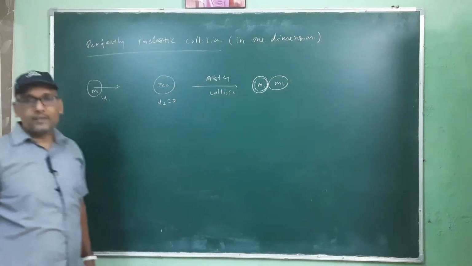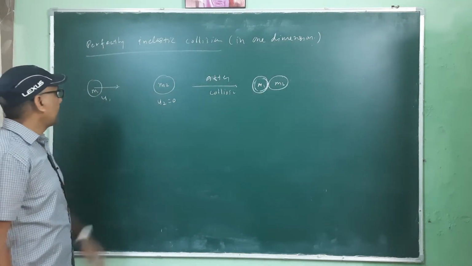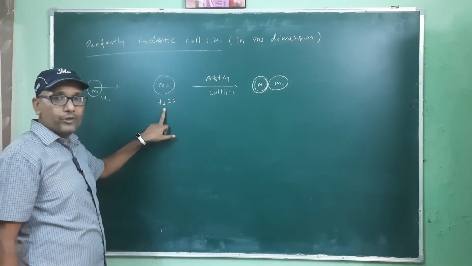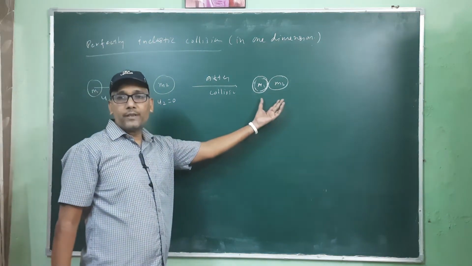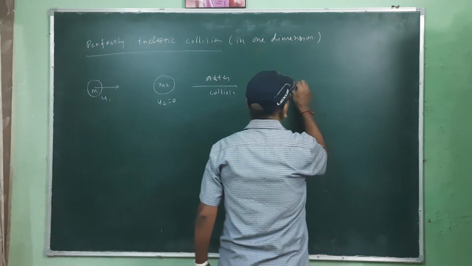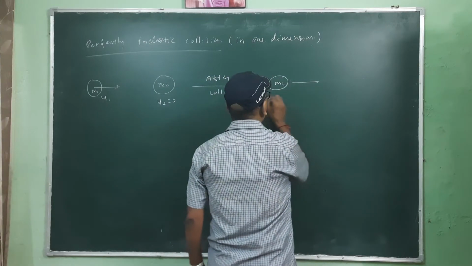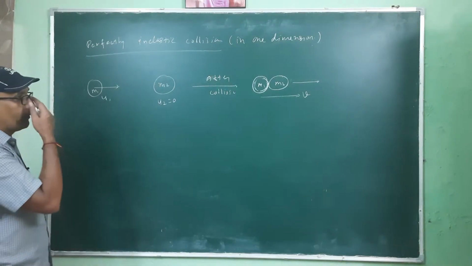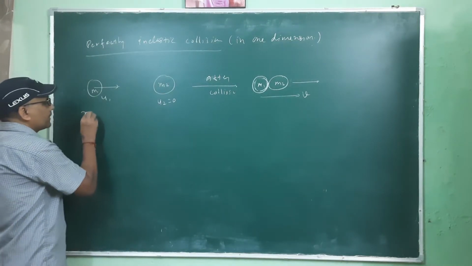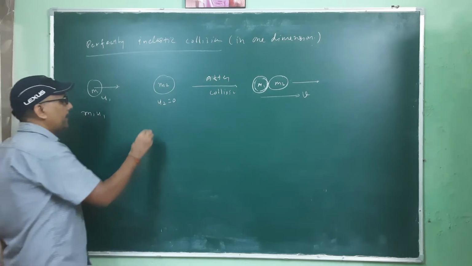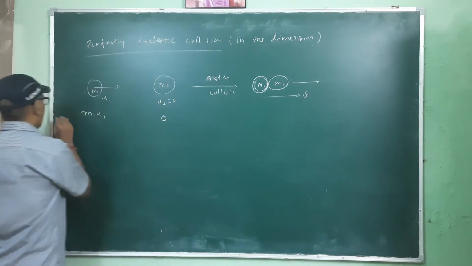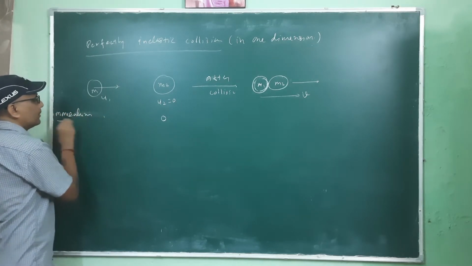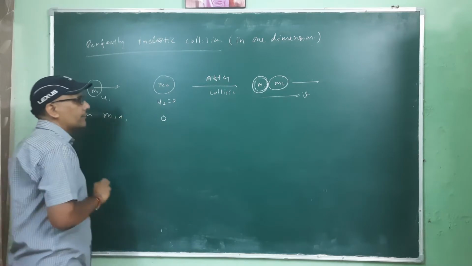In the last class we also considered the same case. In the one dimensional case, one body collides with another body initially at rest, so u2 is equal to 0. After collision, these two bodies stick and move together with a constant velocity v. The initial momentum is m1 u1 for this body, and 0 for the other.